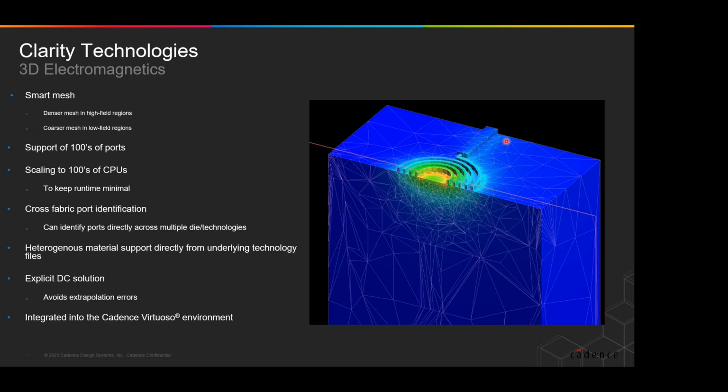Anybody who's worked with S parameter files knows that without a DC solution, S parameter files have trouble converging. And it's integrated in the Cadence Virtuoso environment, so it makes it very easy to get these results. There's not a lot of learning to actually get a high quality 3D EM solution.